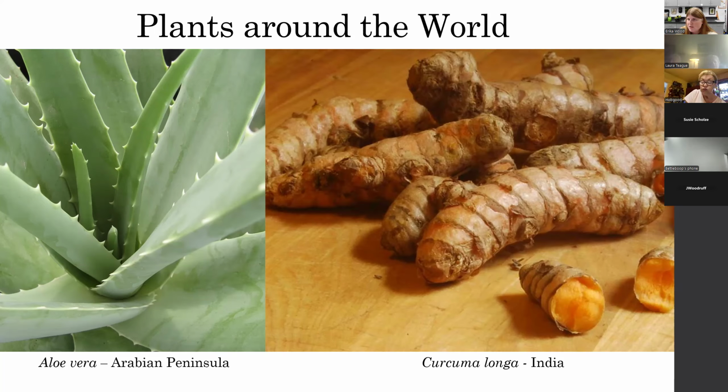A lot of times you want to consume turmeric in moderation. You don't want to have too much of it, or else you could potentially have some other side effects as well. But it is closely related to that ginger. Unrelated, but we'll talk about a different type of ginger.